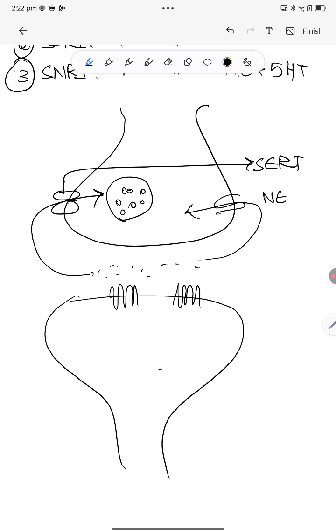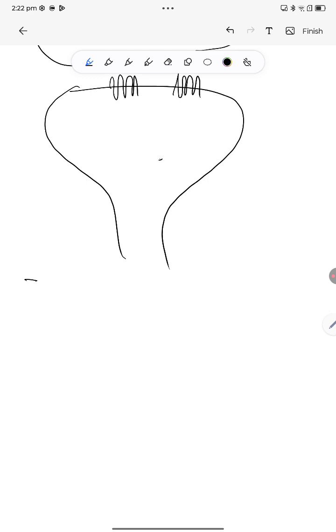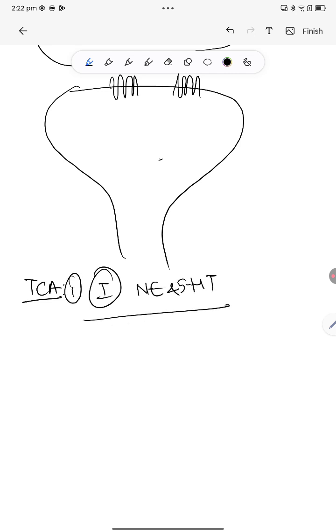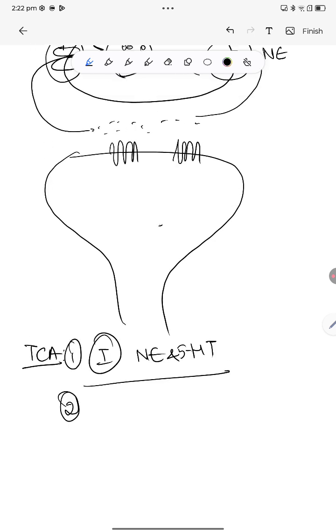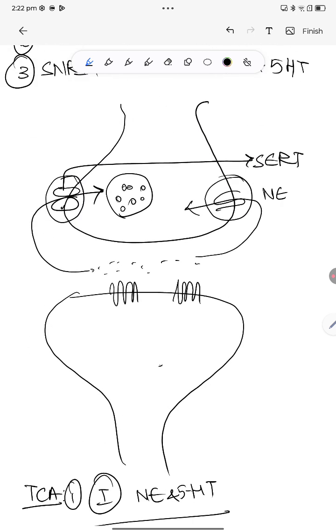Now our TCAs inhibit both SERT and the norepinephrine transporter. So TCAs inhibit both norepinephrine and serotonin reuptake transporters. But the major problem with TCAs is they lack the specificity to act only on serotonin and norepinephrine.